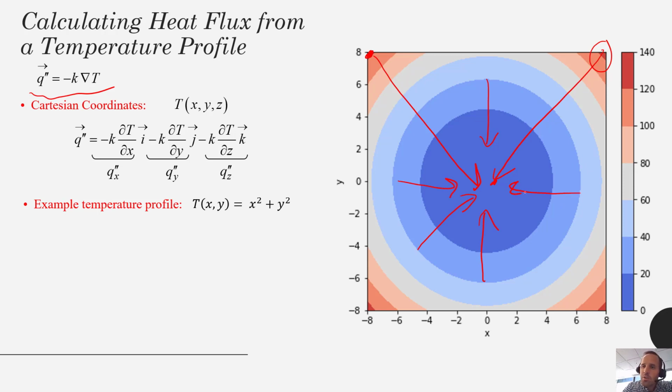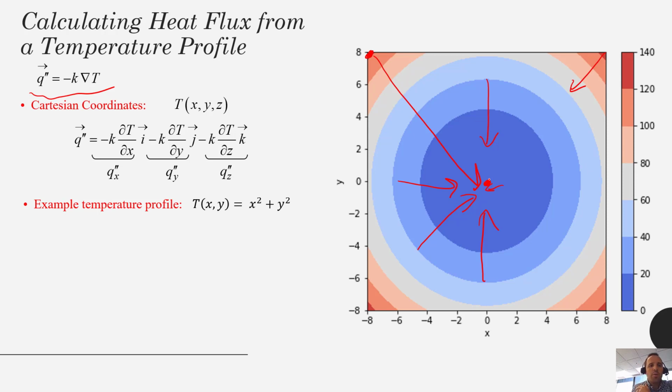However, the temperature gradient is going to be higher out here because of the nature of our equation. So we're going to see a higher rate of heat transfer out here than we would, say, more toward the center of this guy. So we'd see less heat flow toward the center and 0 in the middle because it's symmetrical and there would be no temperature gradient right at the middle.